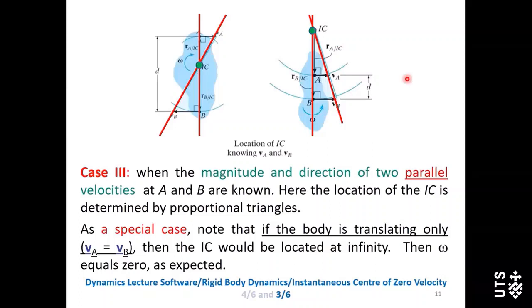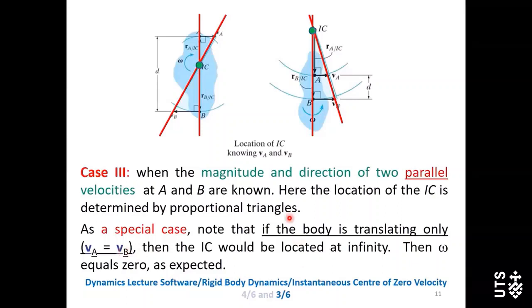The special case here is if we have Va equal to Vb. Be careful here because velocity is a vector. Va is equal to Vb means their magnitudes are the same, their directions are the same.